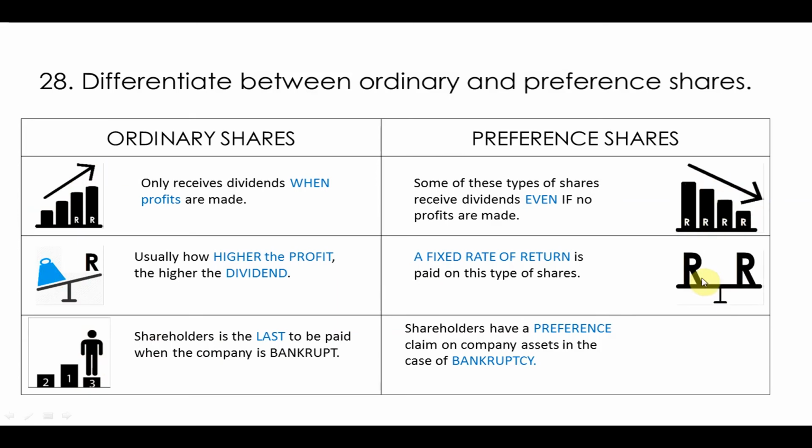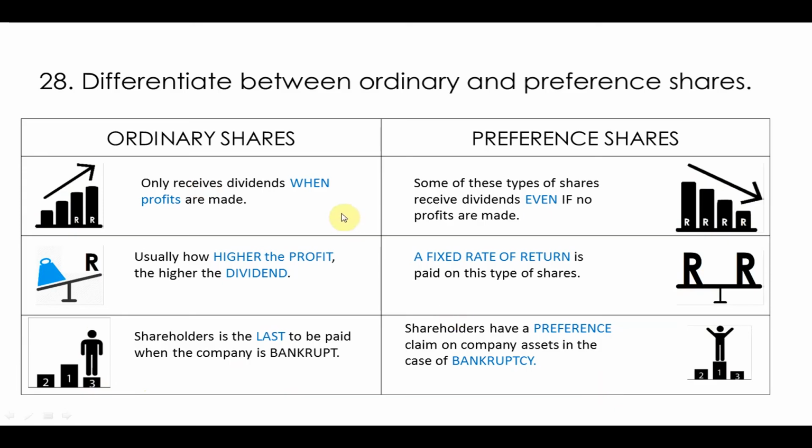You get exactly the same return no matter if it's a good year or a bad year. And you get preference for some cash back if the company did go bankrupt. Debtors are generally before you, but hey, you're at least before ordinary shareholders. I'm sorry, ordinary shareholders, you go dead last. And if there's any money left, which generally there isn't, you might get something.